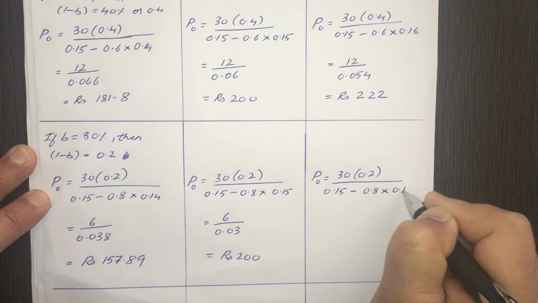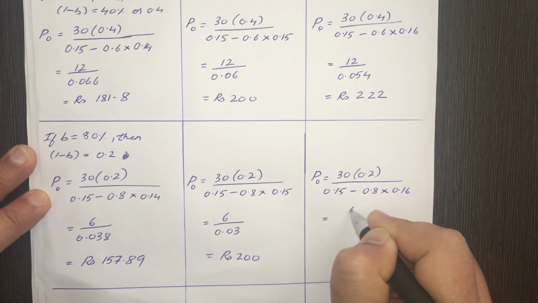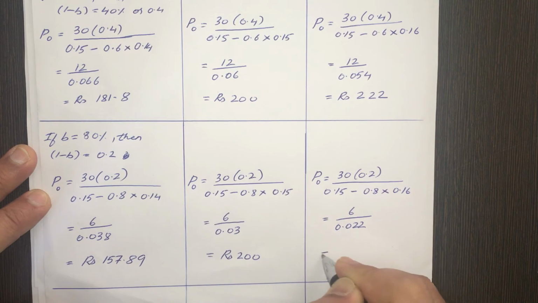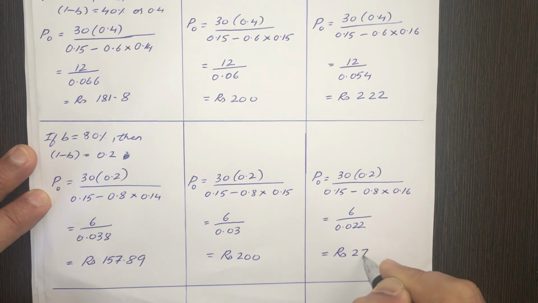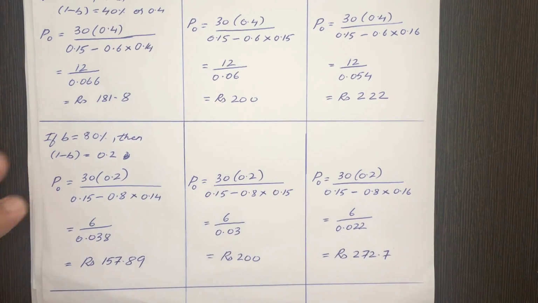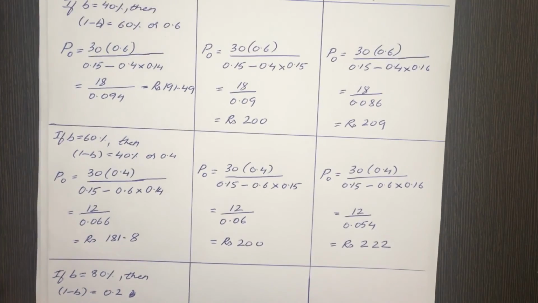Now this will change. Here it will be 16%. So it will be 6 divided by 0.022. You'll get rupees 272.7. Alright, so we have solved this problem.